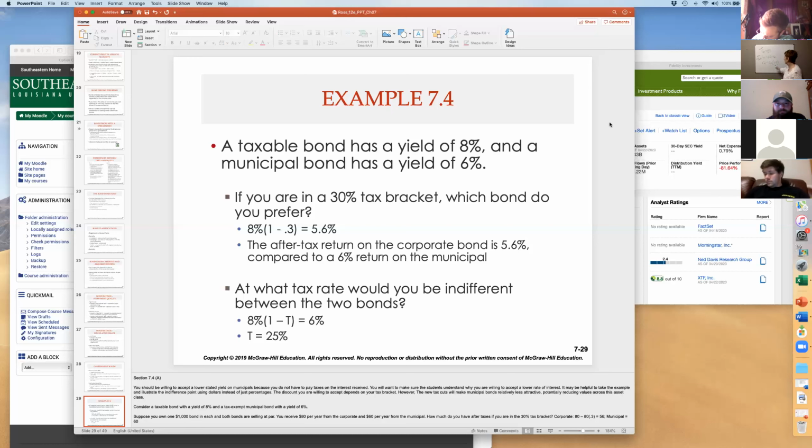This 1 minus 30% leaves us with 70% of that return we get to keep. 30% of the return goes to the government. So that after-tax return on that taxable bond is going to be 8% times 1 minus 30%. And that turns out to be 5.6%.